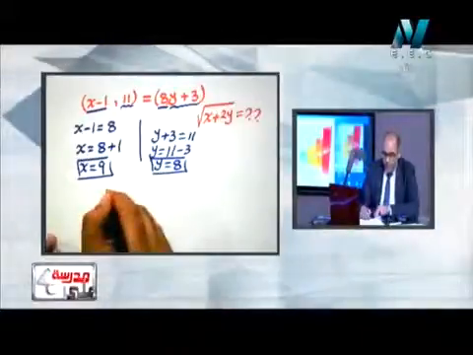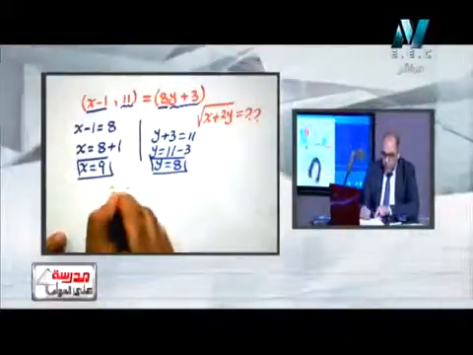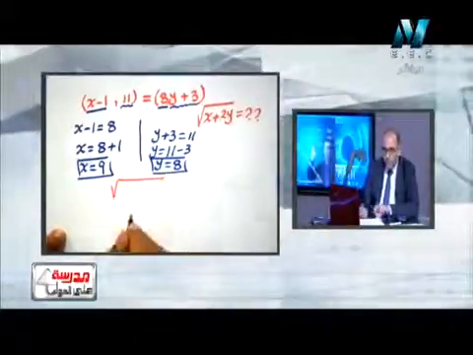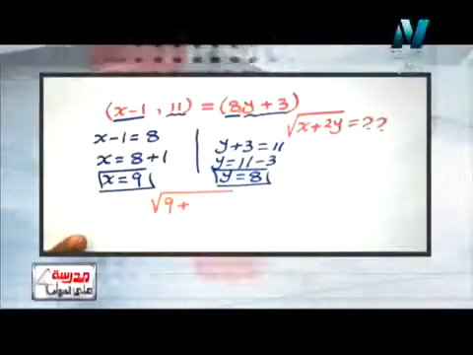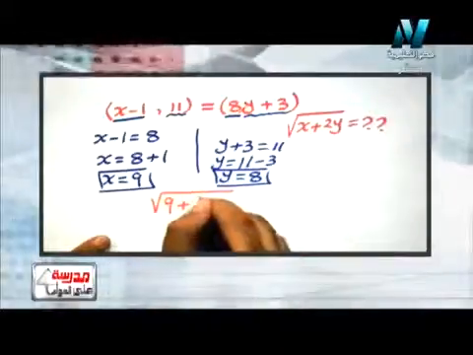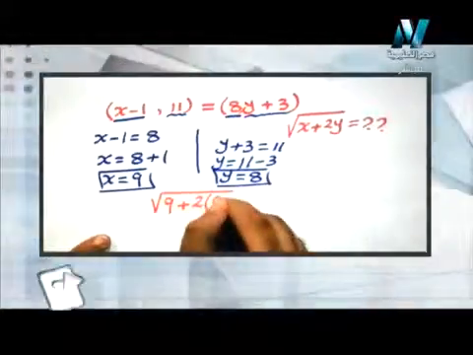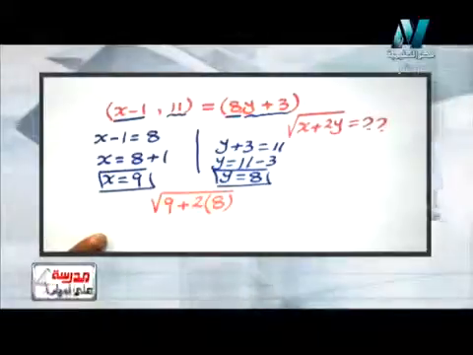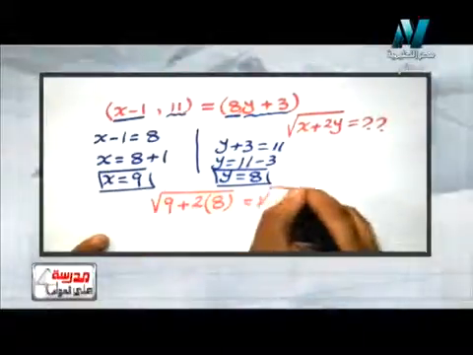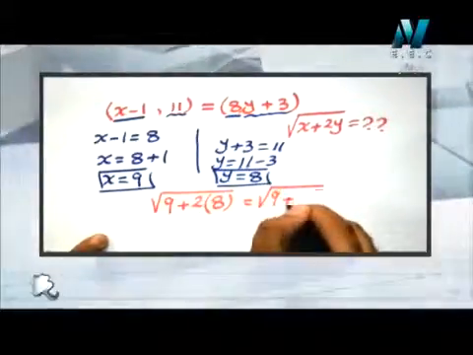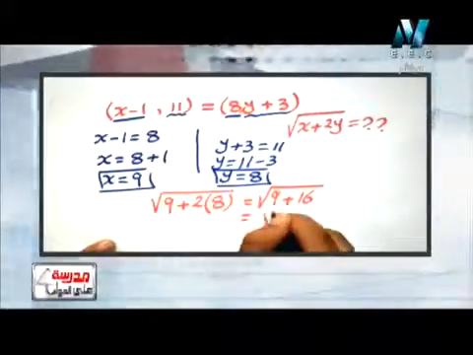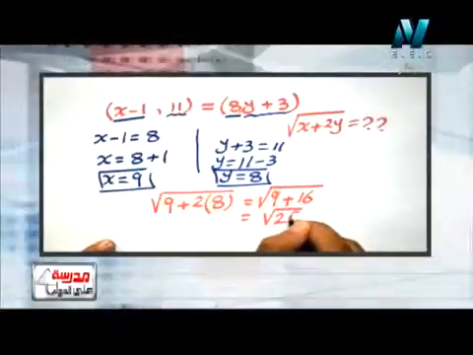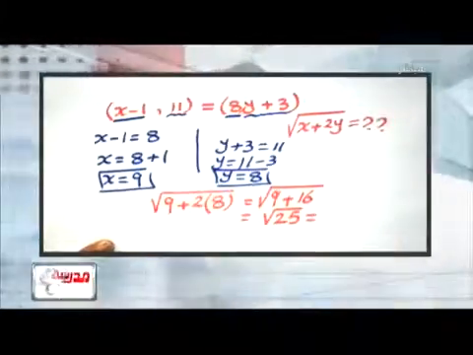To find the value of this expression, you can replace x with 9 plus 2y, which means 2 times 8, so the square root of 9 plus 16. You can simplify more: the square root of 25. The answer is 5.